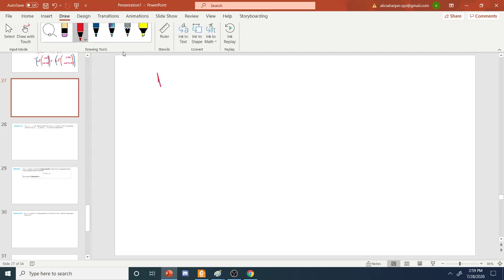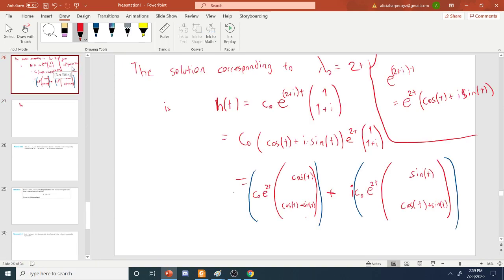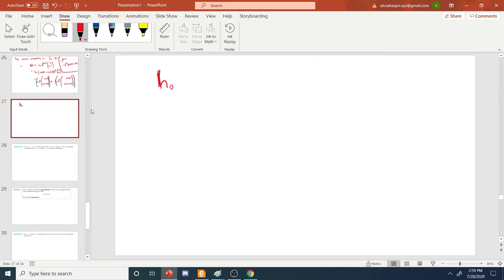Let's set h naught to be the real component. So it's going to be this first thing: c naught e to the 2t times cosine of t, and then cosine of t minus sine of t.